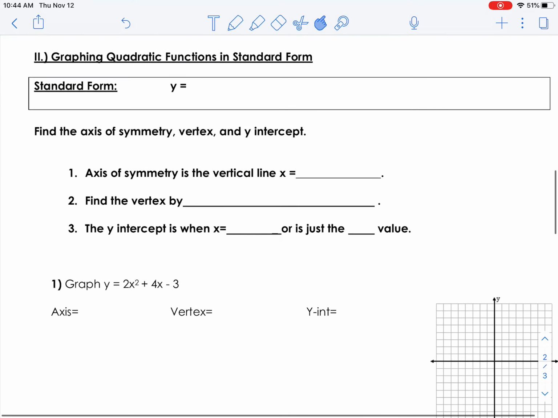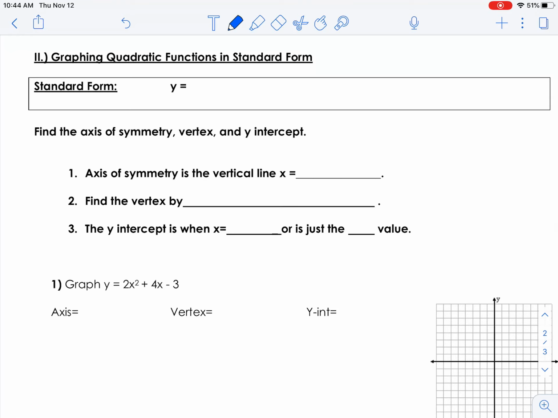Now we're going to move on to standard form. We know that the standard form of a quadratic is ax squared plus bx plus c. And in order to graph the graph of a standard form quadratic, we have to first find the axis of symmetry, which is the vertical line x equals -b over 2a.